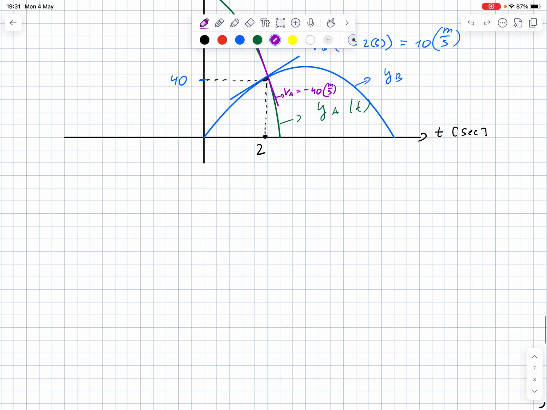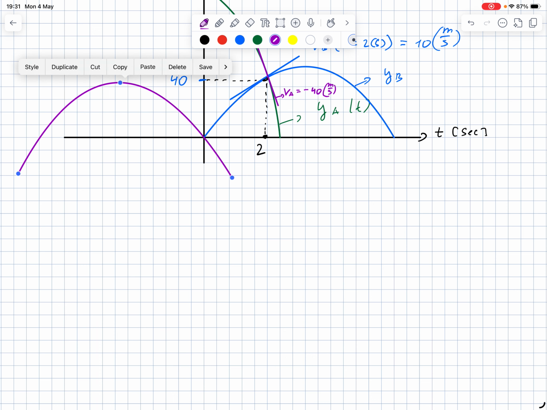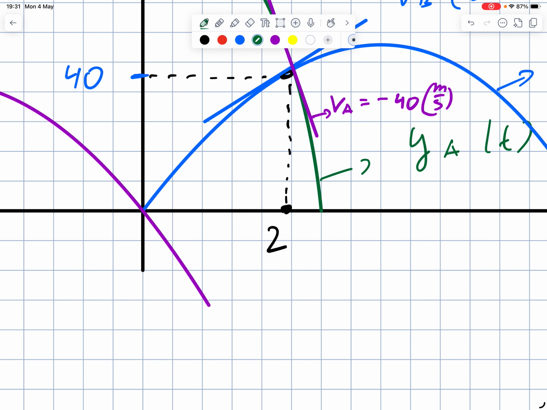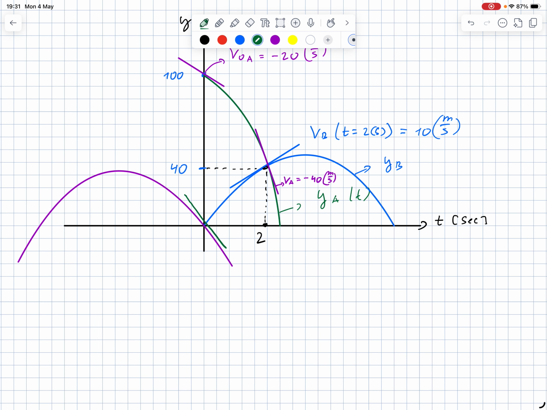Of course, I could use something like this, maybe something like this, but it's not possible because if you look at this point when t equals 0 seconds, the slope, which is instantaneous velocity, is negative. However, it is given that object B, when it starts to move upwards, the velocity is upwards, which means it is positive 30 meters per second. So I cannot use this type of drawing.